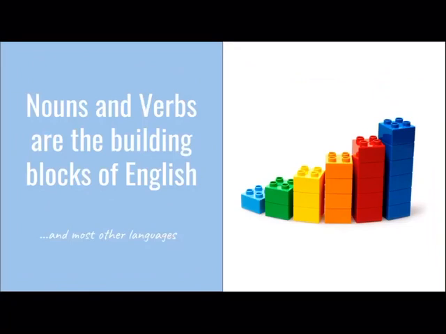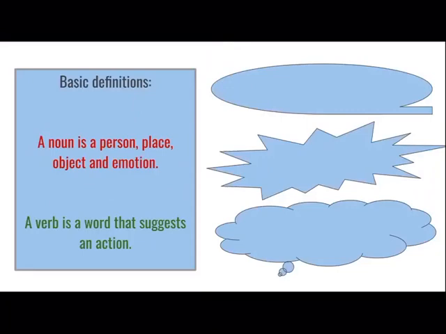So here is a reminder of what nouns and verbs are. So a noun is a person, place, object and or emotion, and a verb is a word that suggests an action. Now in a minute I'm going to ask you to think of some specific sentences. So just hang on until we get to the next slide.